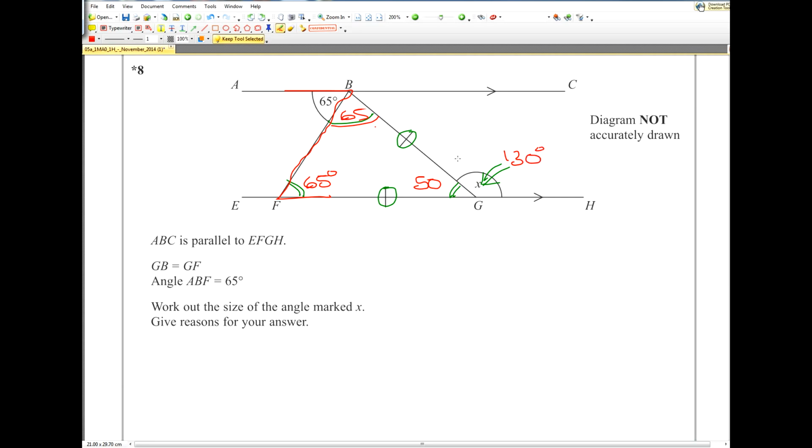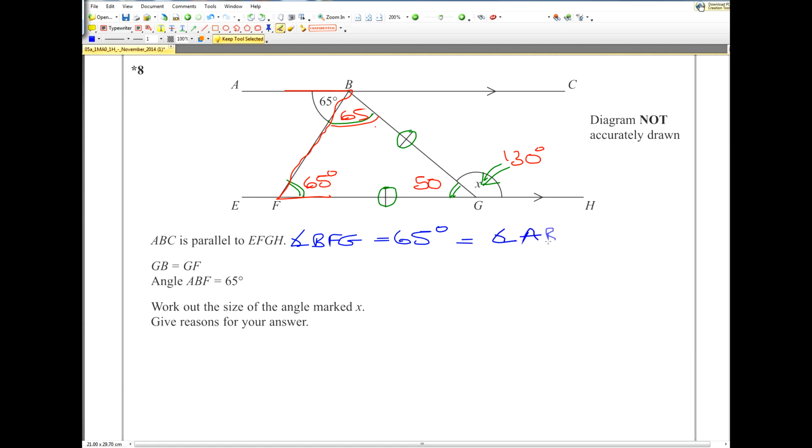So now we need to write all those things down and explain them mathematically. So here we go. I'm going to start writing mine up here because that's how much space I've got. I'm going to use all the space available. Please write yours in the appropriate space underneath. Okay. So what do you say here? Angle BFG is equal to 65 degrees, which is equal to angle ABF.